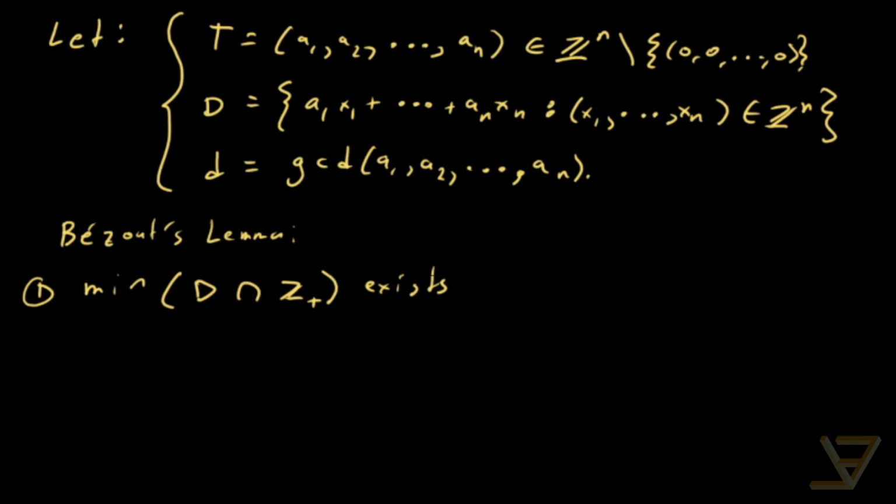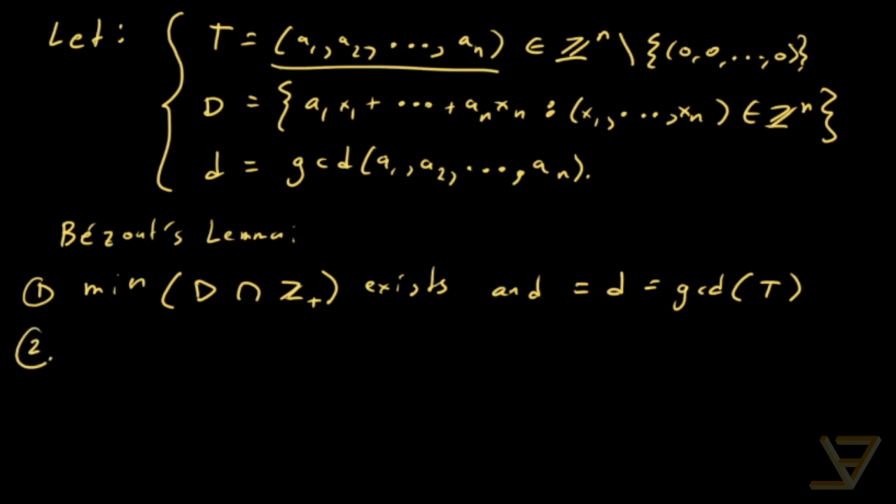We just take one of the non-zero elements and give it a coefficient of itself, but I won't get into the proof right now. So the minimum of D intersect Z plus exists and equals d, which is equal to the GCD of t. T is this n-tuple of integers. So the smallest positive linear combination is equal to the greatest common divisor.